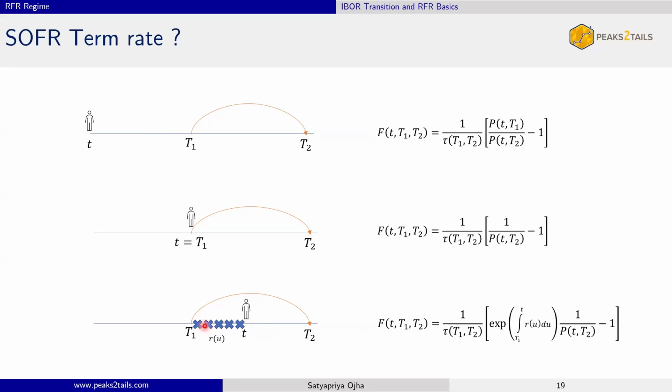Okay, and we know how to do compounding. We just talked about that, right? So the geometric mean is the way you will calculate the rate between T1 to T, using the compounding. I have written it in a continuous fashion.